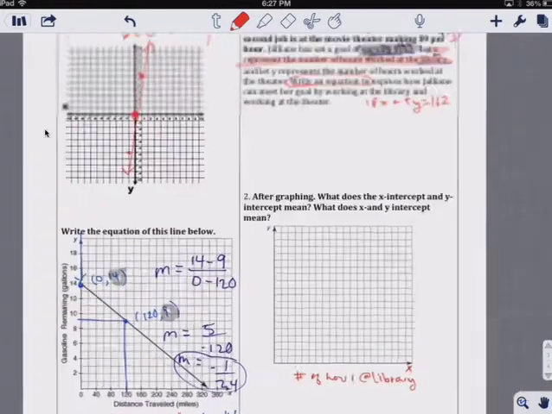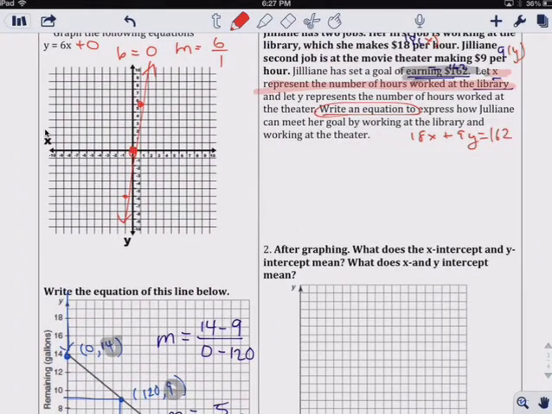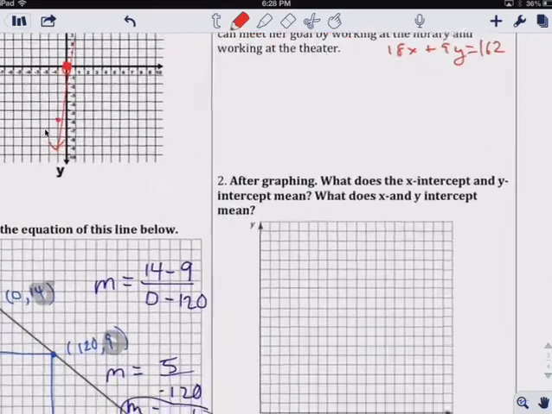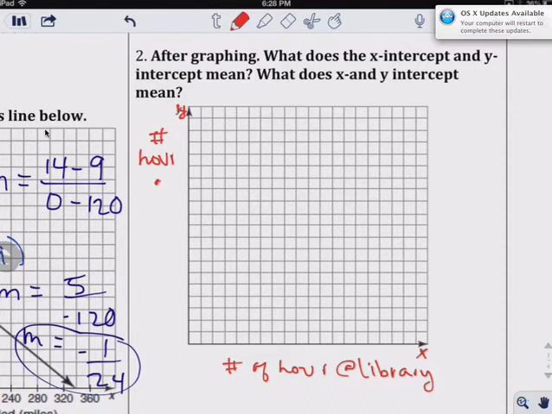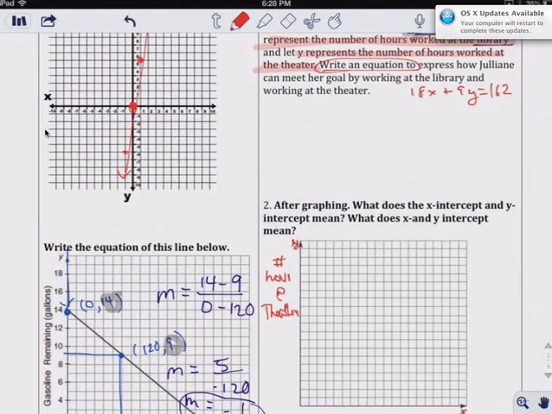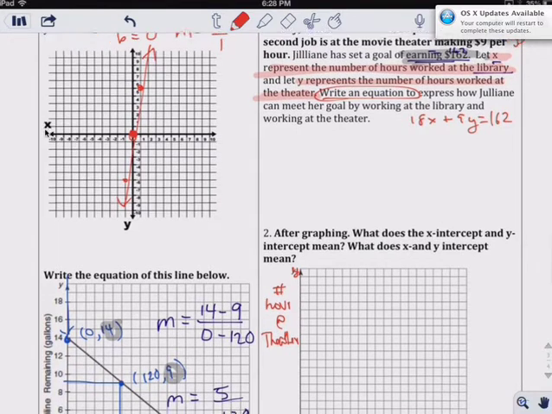And then here it says let y represent the number of hours worked at the theater. So they give us what to write for the independent and dependent variable. And I think we can count by one each here.